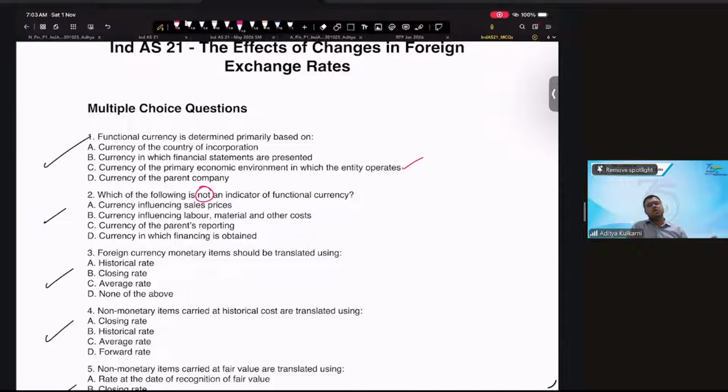We saw the example of Emirates Airlines where it is the dirhams that is influencing the selling price. Also, primary costs like material, labor, overheads, all these costs are determined in which currency, and you add a markup to that currency value. So that also becomes a part of determining your functional currency. So A determines functional currency, B too, and then we saw secondary indicators, the currency in which financing is obtained. So D also forms part of that. So C, the currency of the parent's reporting, has no bearing on the functional currency determination of the subsidiary. So in this case, C becomes your right answer.